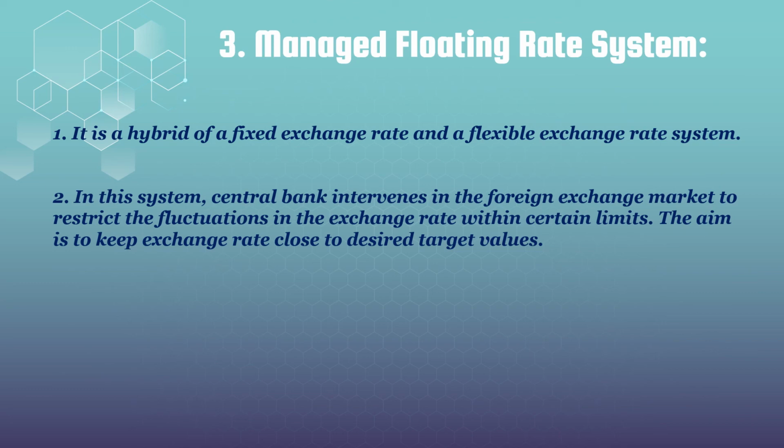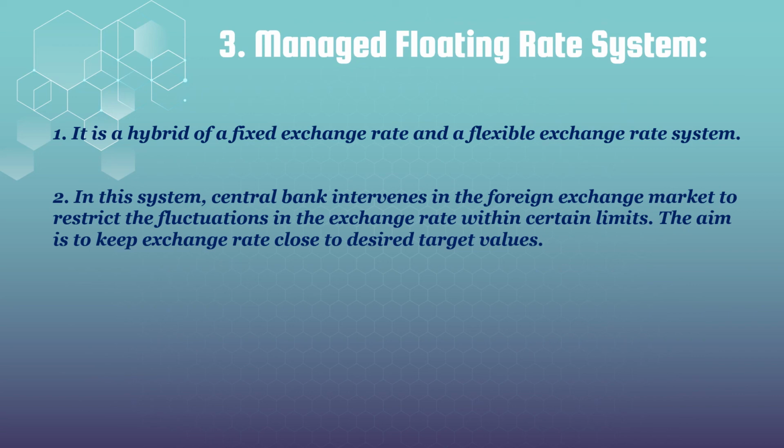Why does the central bank intervene in the foreign exchange market? The central bank intervenes in the managed floating rate system to restrict the fluctuations in the exchange rate within certain limits.